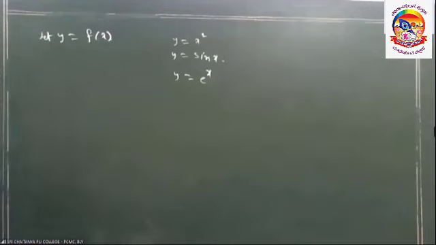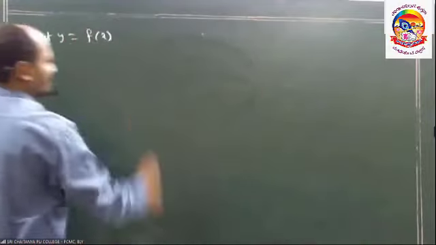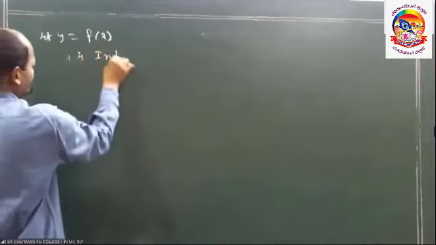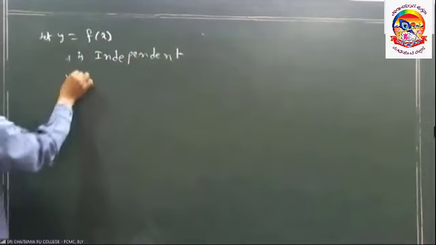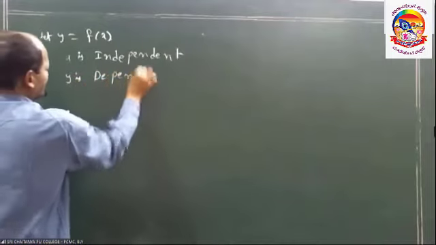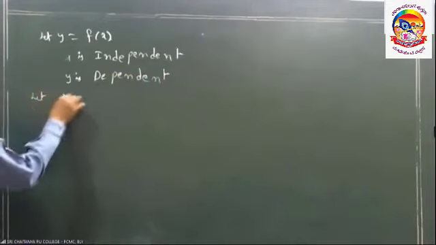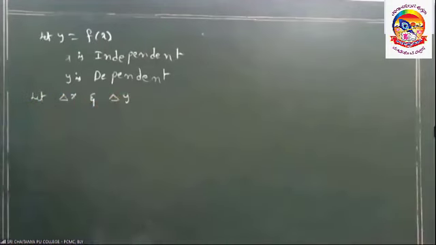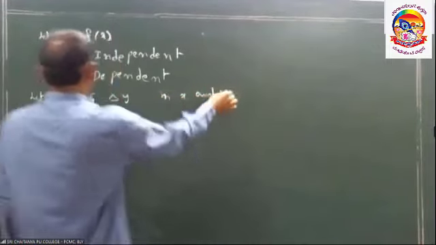So y equal to f of x is a continuous function where x is independent and y is the dependent value. Let delta x and delta y be small increments, changes in x and y.